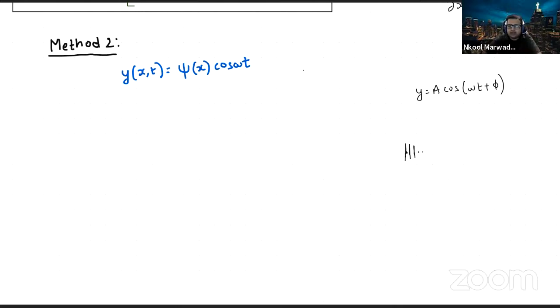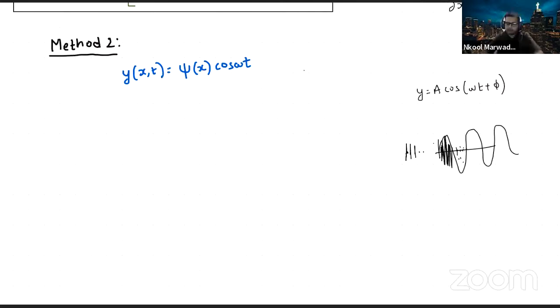So whenever we have a moving wave, what is happening? The particles are just undergoing oscillatory motion, all the particles at their respective positions. They are doing the up down motion.